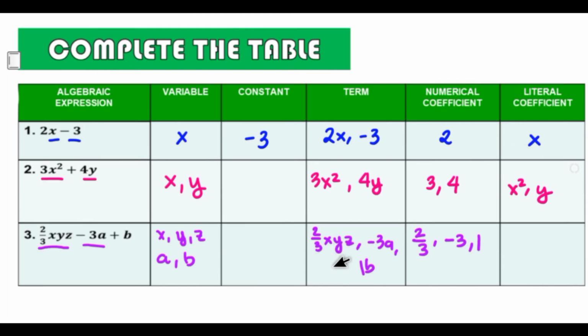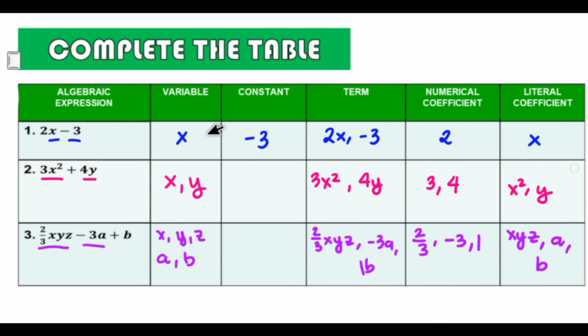So, next we have the literal coefficient. So, ito muna tayo sa unang term, 2/3 xyz. So, ang literal coefficient dyan ay, yung kasama ni 2/3, yun ay x, y, tsaka z. Ito naman sa negative 3a, kasama ni negative 3 ay a. And then, dito naman sa b, kasama ni 1 ay b.